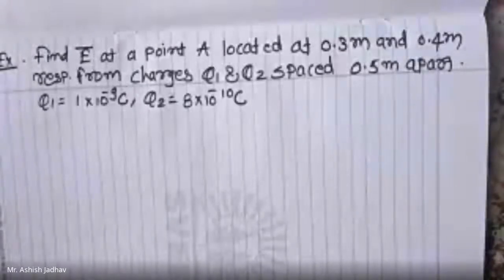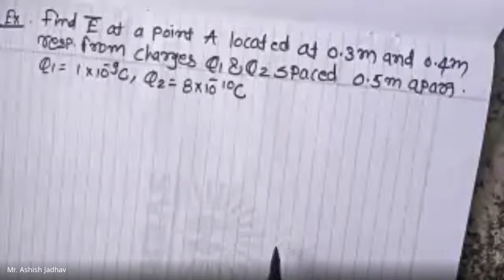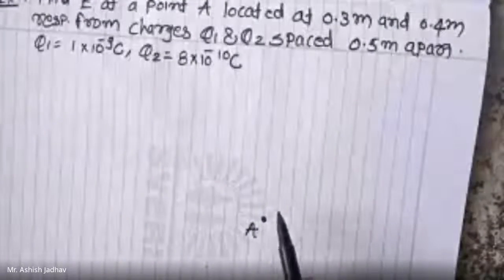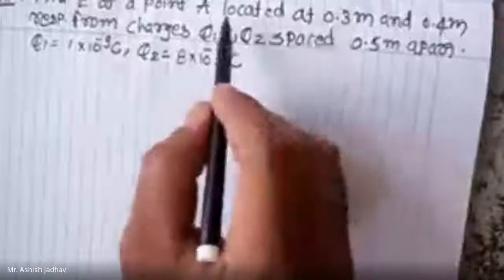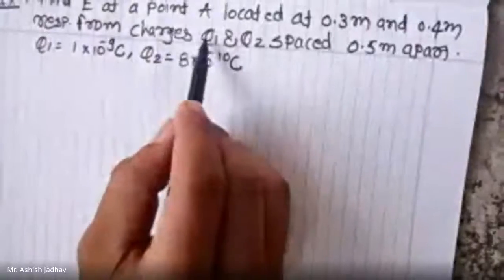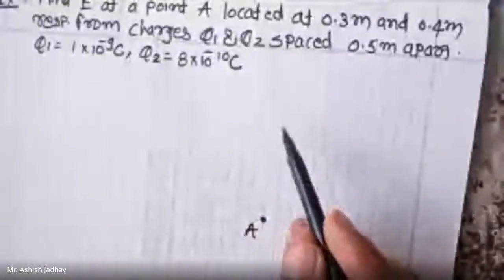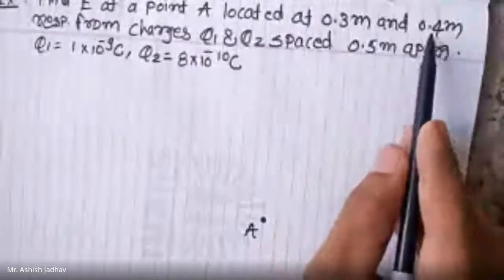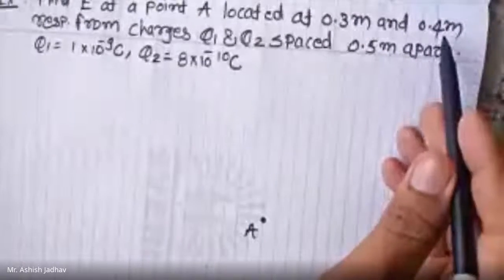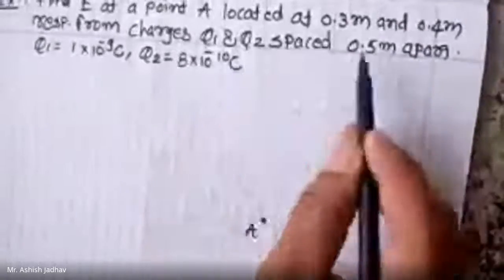So what things are given? You need to find the electric field intensity at point A. So let us assume the point is located here. This is point A, and you want the electric field intensity at this point, right? Second thing is you have to find it because of two charges, Q1 and Q2. Distance from A to Q1 is 0.3 meter, and distance from A to Q2 is 0.4 meter. And the distance between Q1 and Q2 is 0.5.